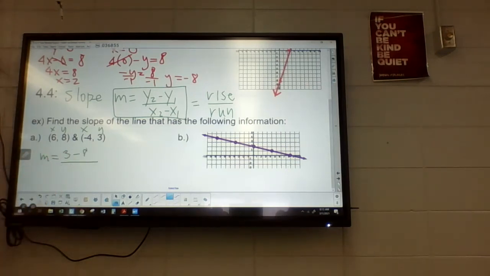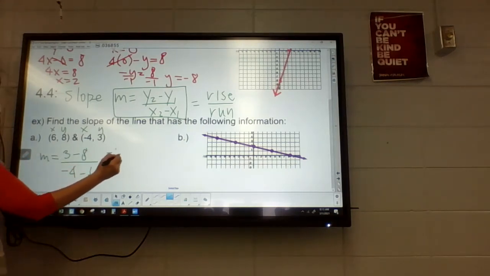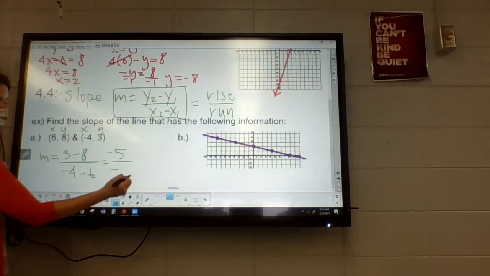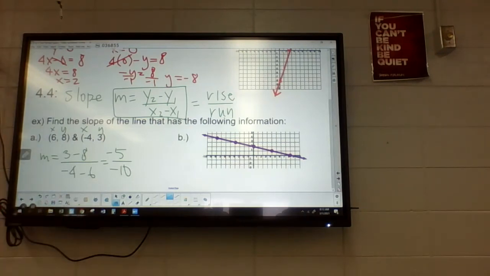So I did 3 minus 8. Struggle with my 8s there. And then if I'm going this way, I have to do that again. Negative 4 minus 6. So I get a negative 5. This is negative 10. And 2 negatives make a positive.